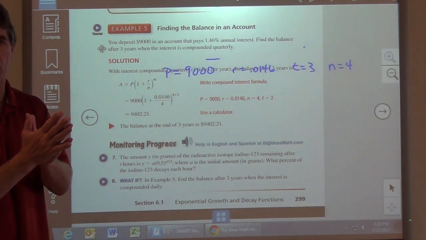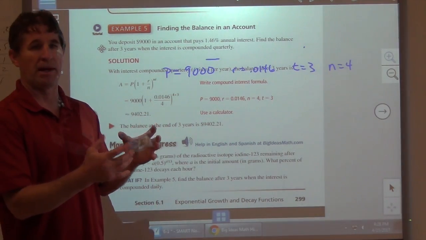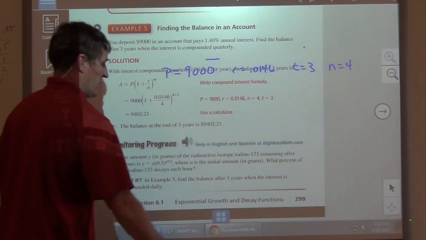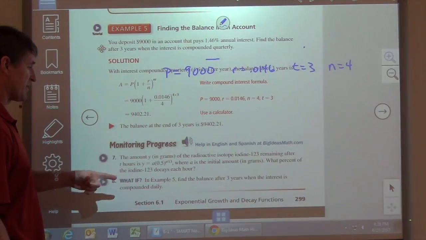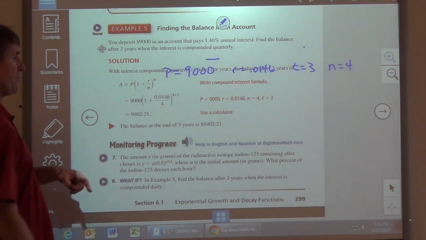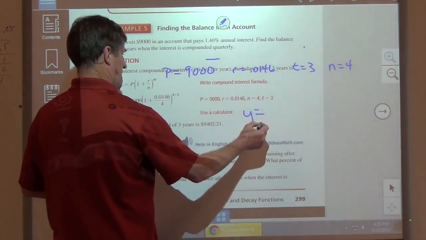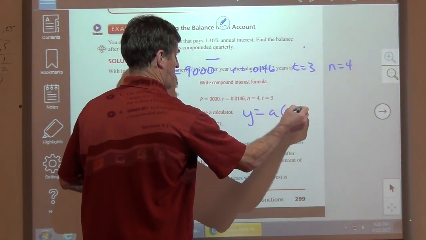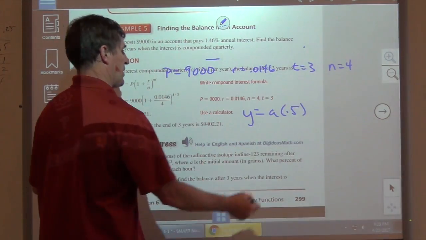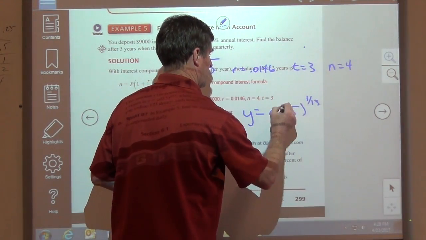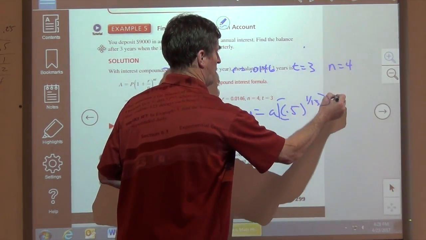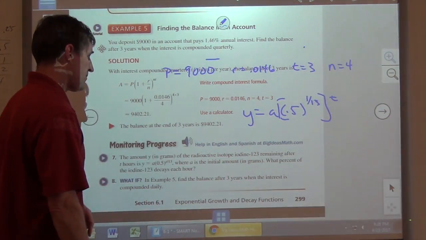So now they want us to convert this back to the formula 1 minus r to the t. So we're just going to go ahead and go through this. We're going to rewrite our formula, and we're going to put it to the 1/13th power and move that t outside.